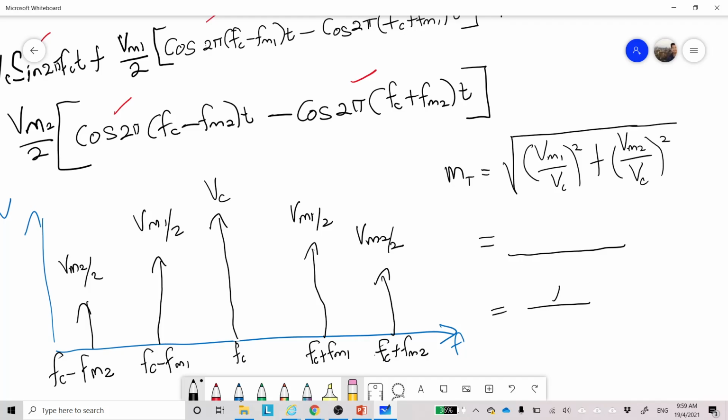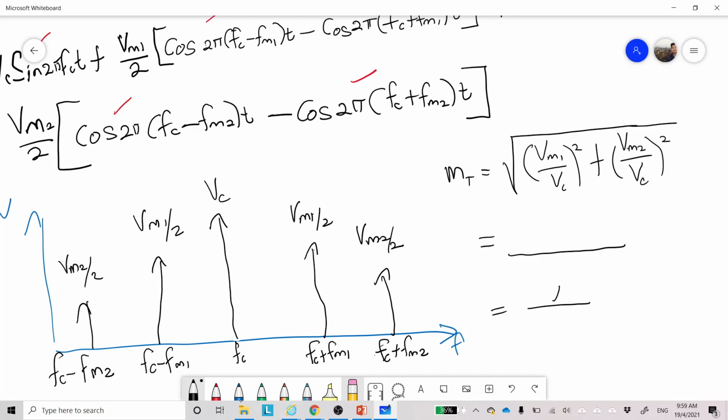So what you get is actually here VC square over 2R. Just rewrite again.